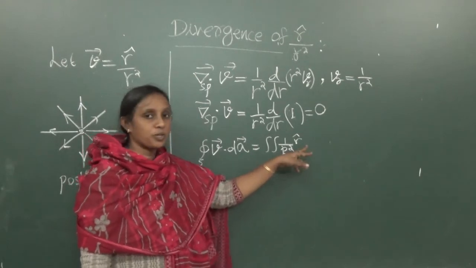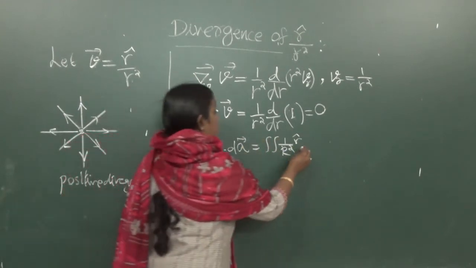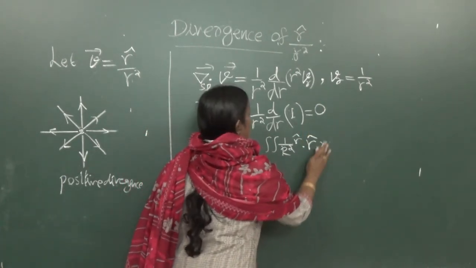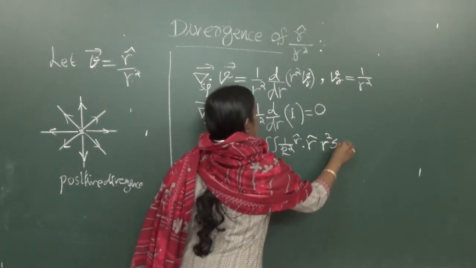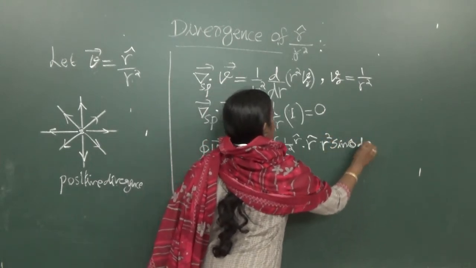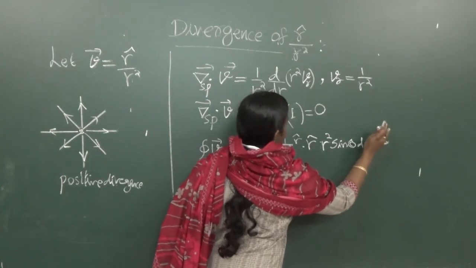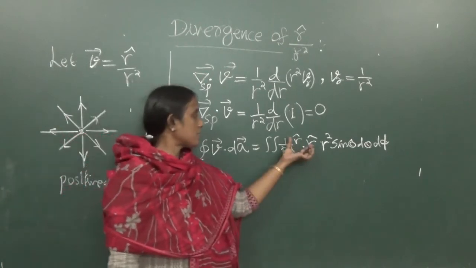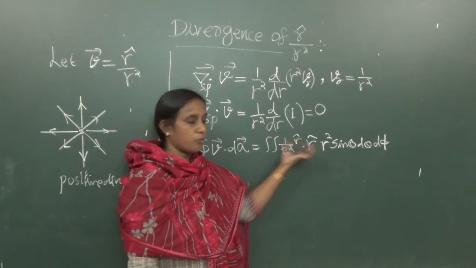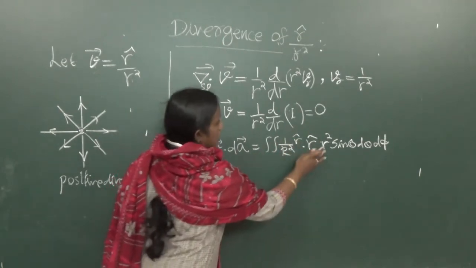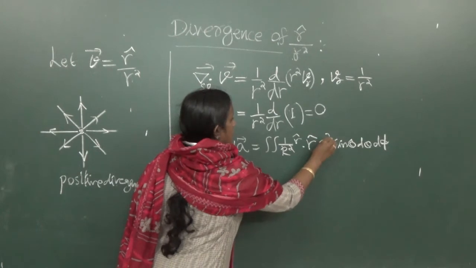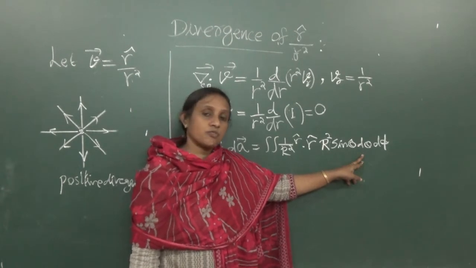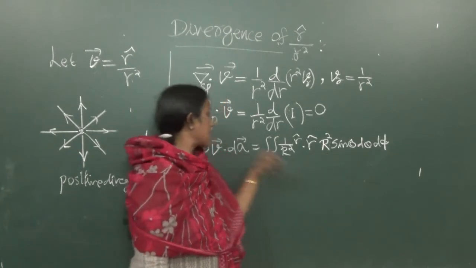So it is 1 by R square R cap dot R cap R square sin theta d theta d phi. Here this R is capital R, because we are taking the surface of the sphere whose radius is capital R.